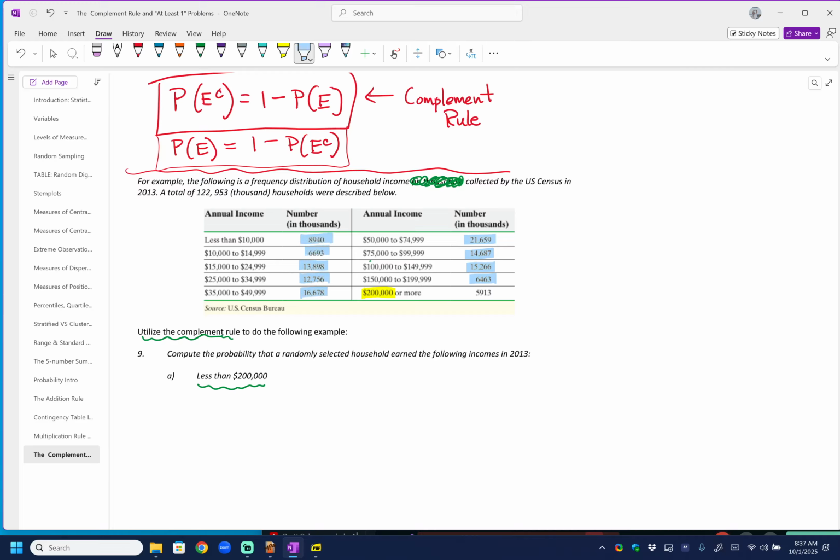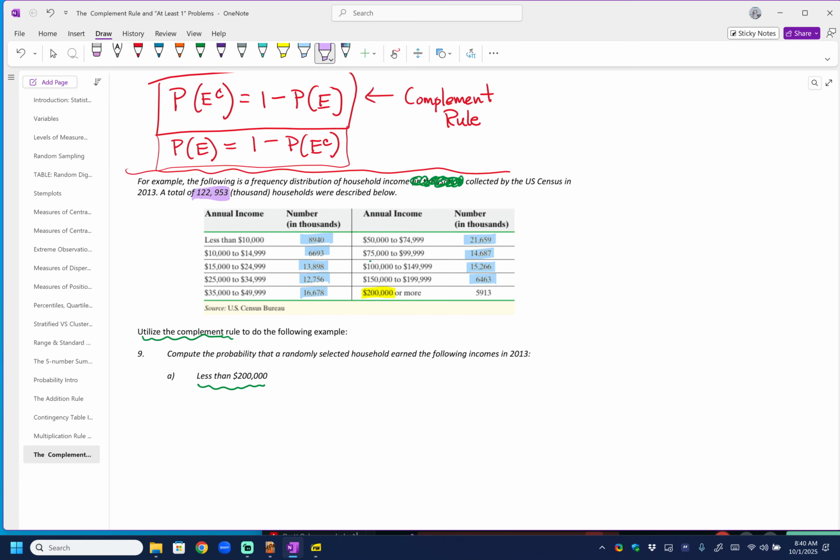One of the things you want to get used to when doing problems like this is to take the easier avenue when it comes to computations in probability problems. For example, note that I do have the sum of all the numbers right here, which is helpful.